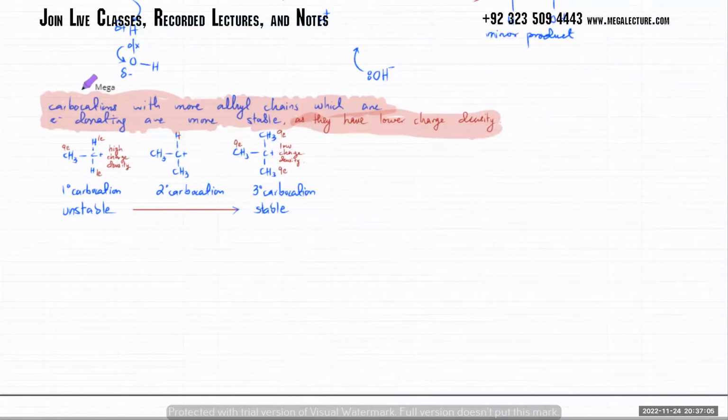Other reactions number 3. There's this reaction, hydration reactions. It doesn't really have any major significance except for the fact that it adds OH groups. So there's another one which is hydrogenation.